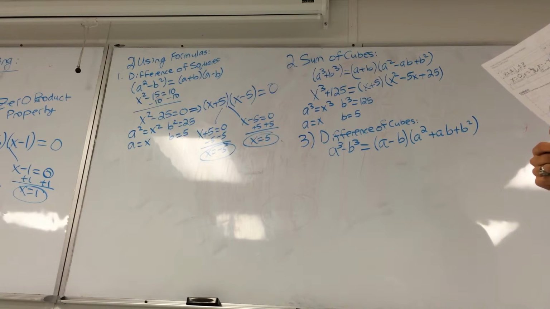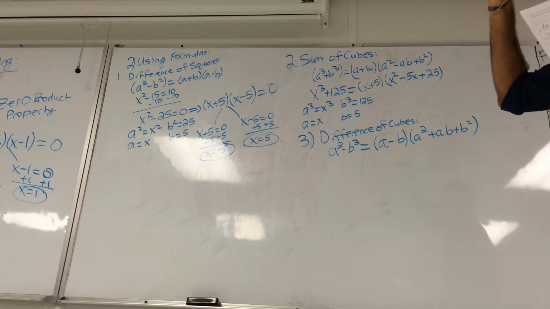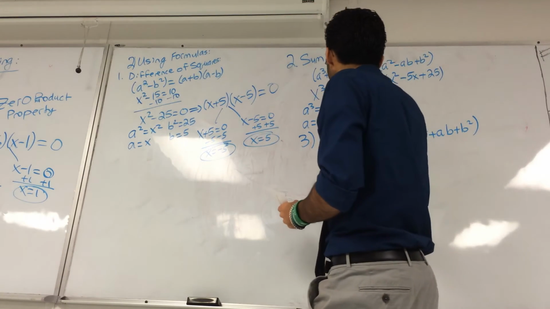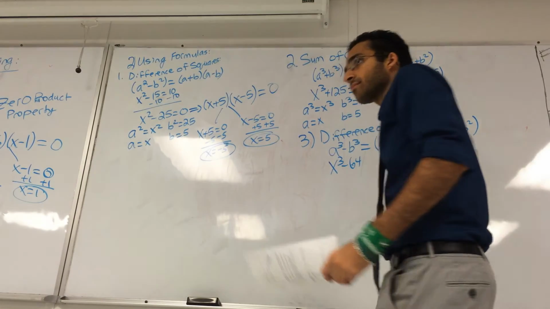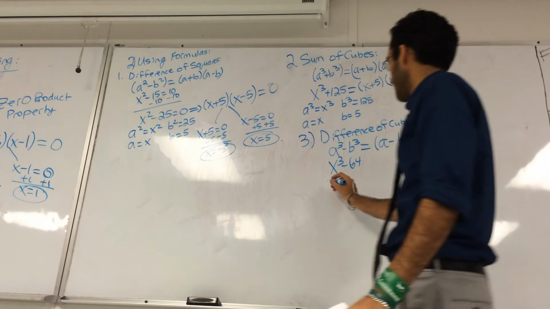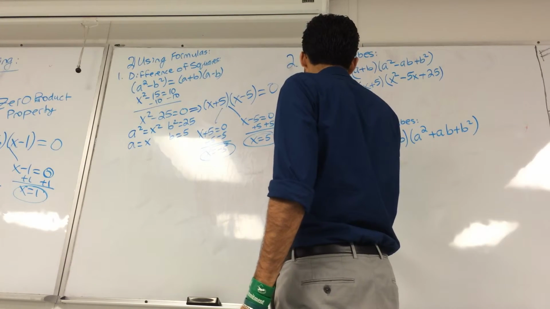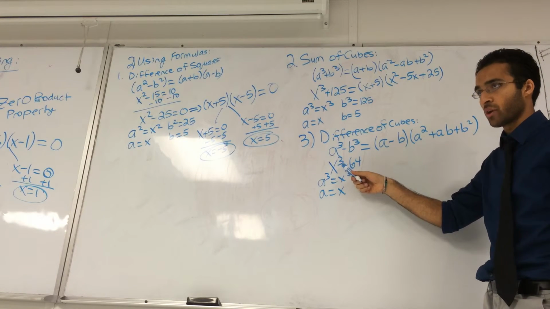Okay, now, an example of a problem like this is number 13 on part 1. So number 13 on part 1 says x cubed minus 64. Again, I would highly encourage people to write a cubed equals x cubed, a equals x. Difference, that's why we have subtraction.